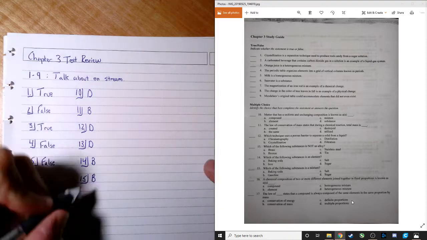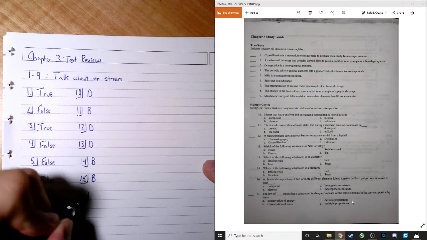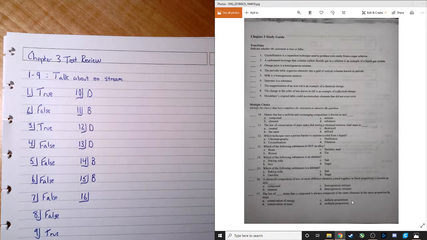Number 16. A chemical composition of two or more different elements joined together in fixed proportions, meaning it does not change, is known as a what? Compound, element, homogeneous mixture, or heterogeneous mixture? That would be a compound.